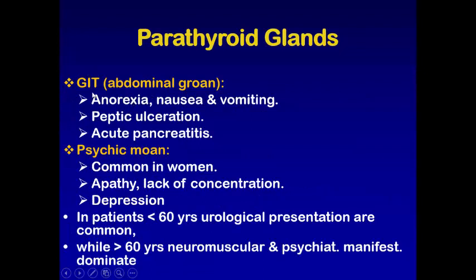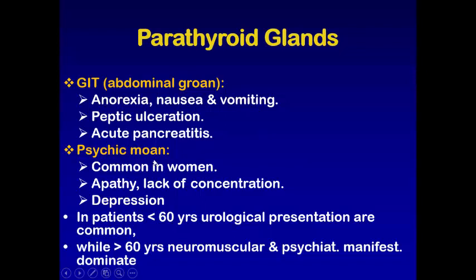Another type of manifestation of hyperparathyroidism is abdominal groan, which is regarding the GIT. There may be anorexia, nausea, vomiting, peptic ulceration, acute pancreatitis.